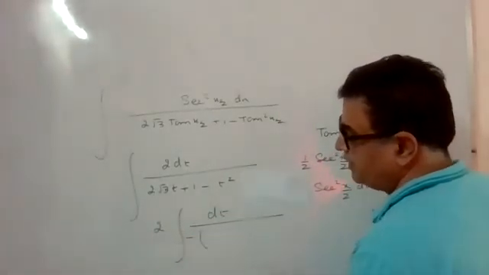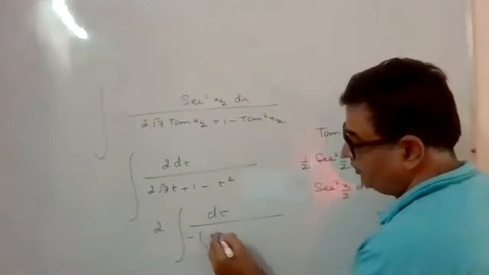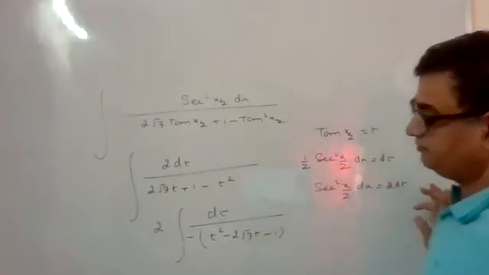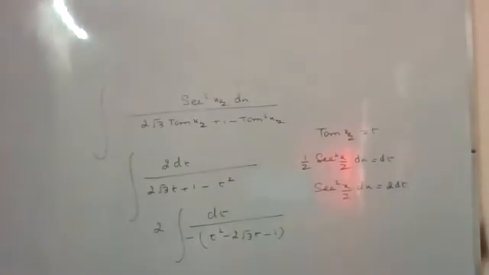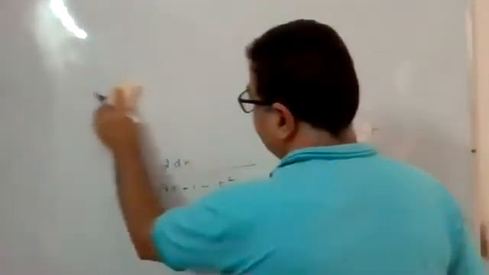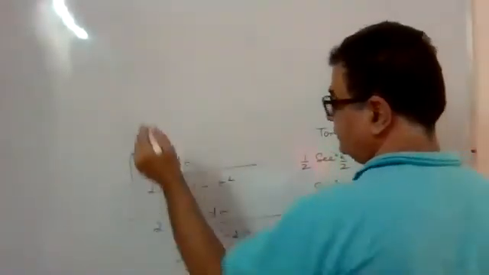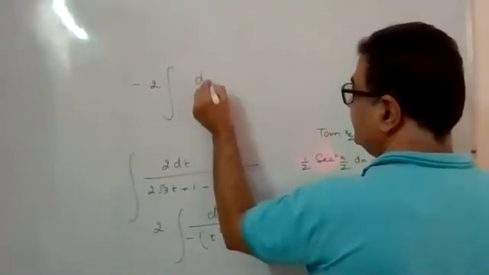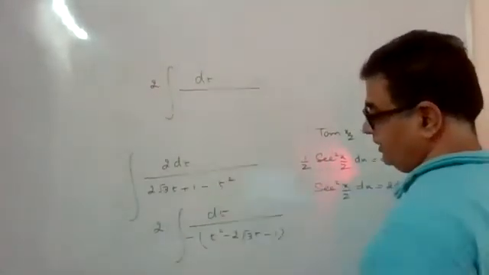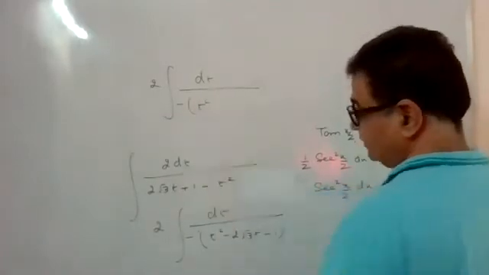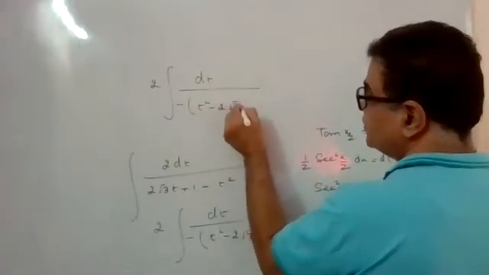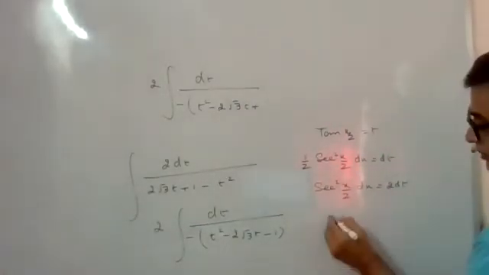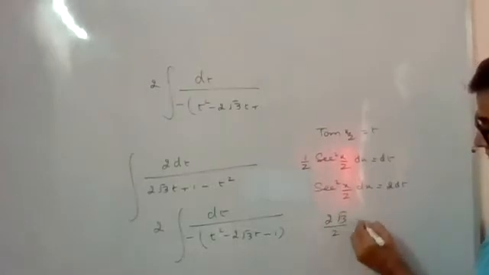minus, I'll take out first, common, will come out to be t square minus 2 root 3t minus 1. Then we will write this as minus of 2 dt, sorry, minus will not be taken out of the integration, we'll keep it here, t square minus 2 root 3t plus, half of 2 root 3 will be root 3, right?